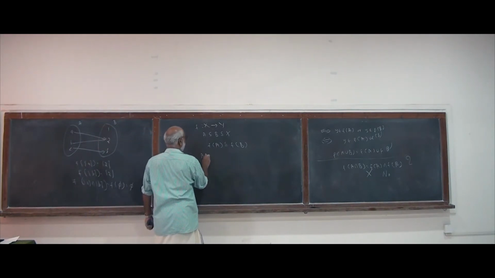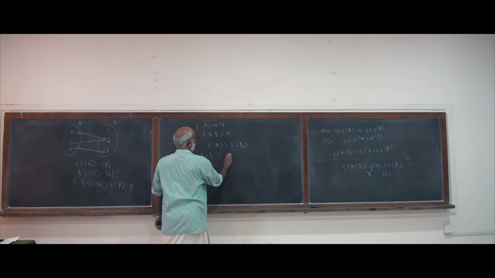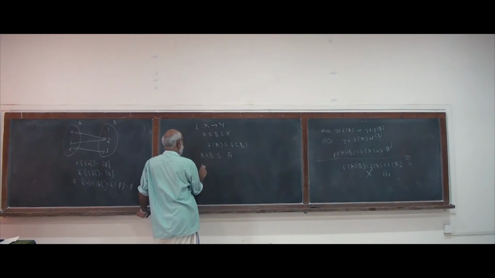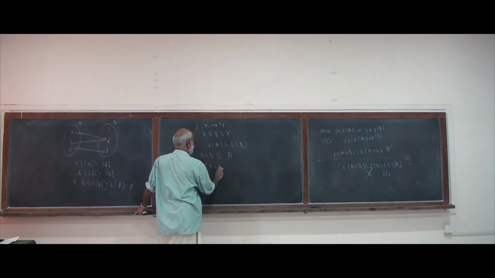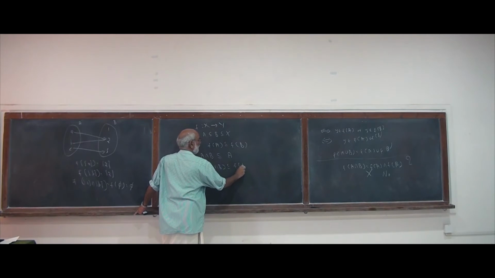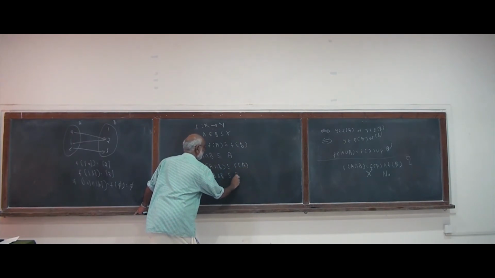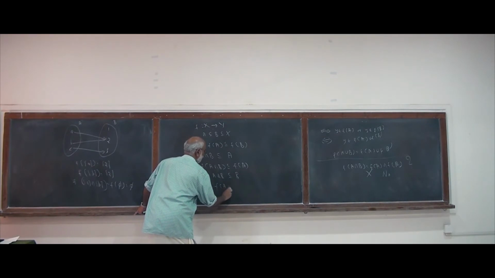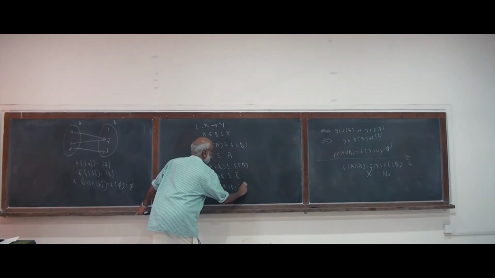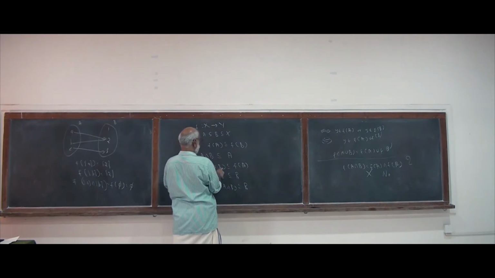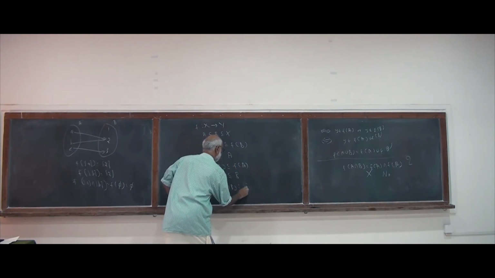So A intersection B is clearly a subset of A. Therefore, f of A intersection B is a subset of f of A. A intersection B is also a subset of B. Therefore, f of A intersection B is a subset of f of B also.